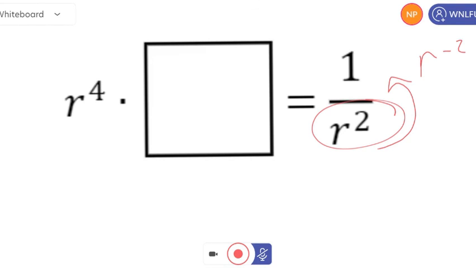Well, I would have to add a negative number. So if I have 4, I need to take away more than what I have to get down to -2. This is -6. 4 plus a -6 is a -2, but then it moved down into the denominator, and that's why it's r squared. That one was a tough one.